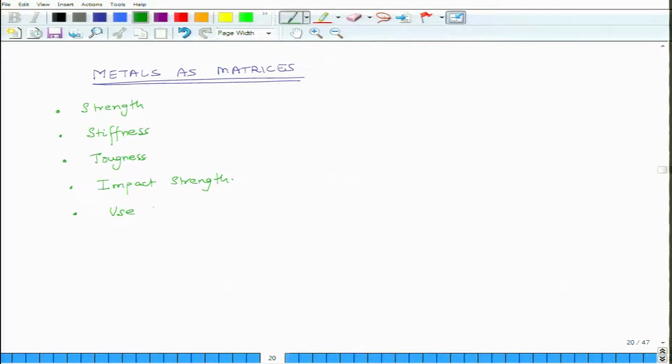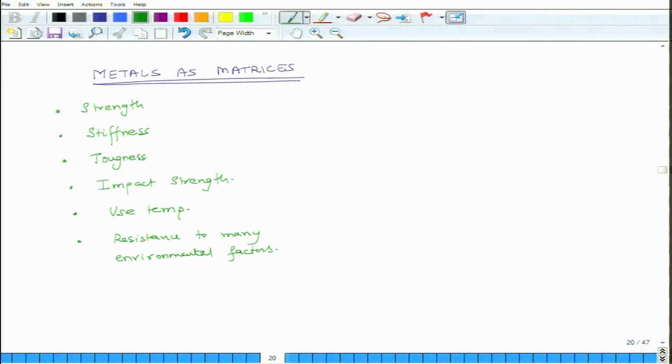So, I will say use temperature. They have high use temperature which can be several hundred degrees centigrade, and in some cases it can go up to 1000, and resistance to many environmental factors.